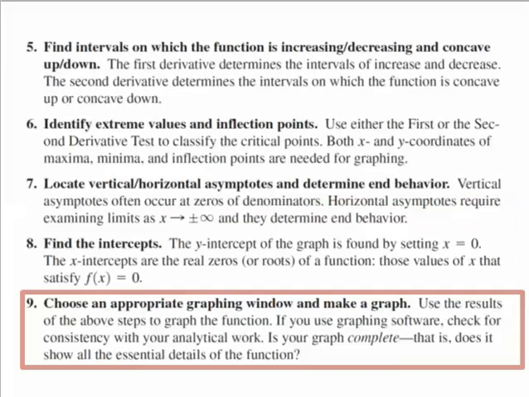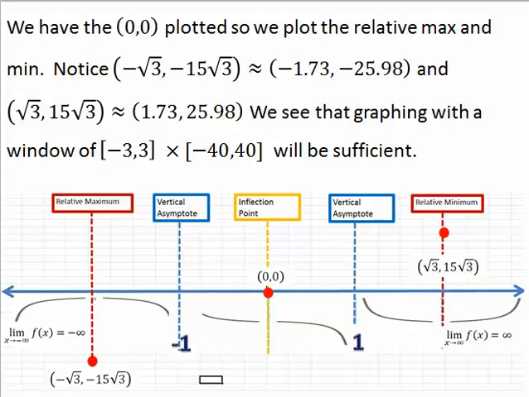Choose an appropriate graphing window and make a graph. To do that, we're going to plot a few points. Certainly we want to plot the relative max and relative min. We want to know how high they go so that we make our y-axis tall enough and negative enough. We also want to make sure we get all of the x points of interest.